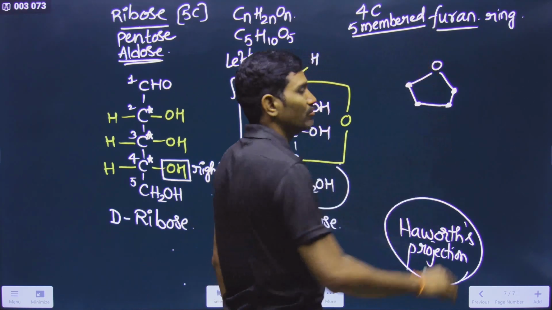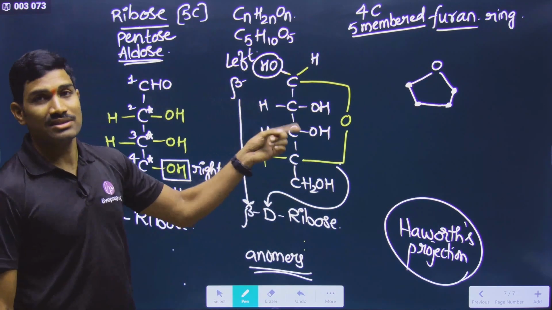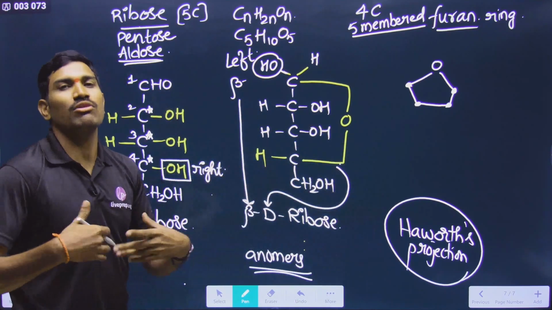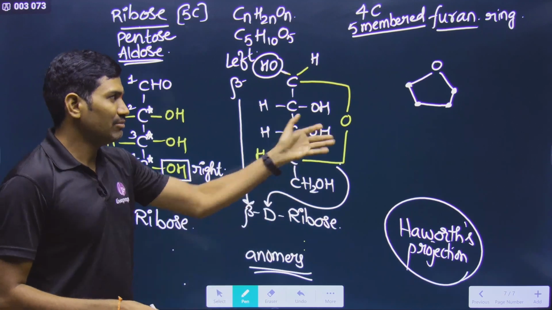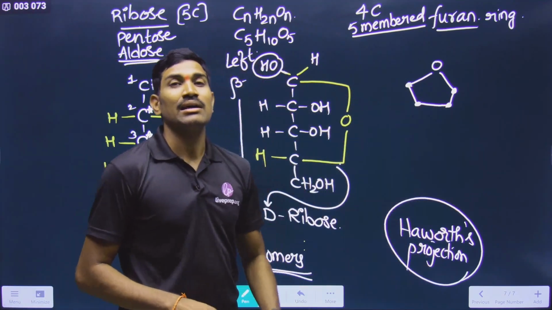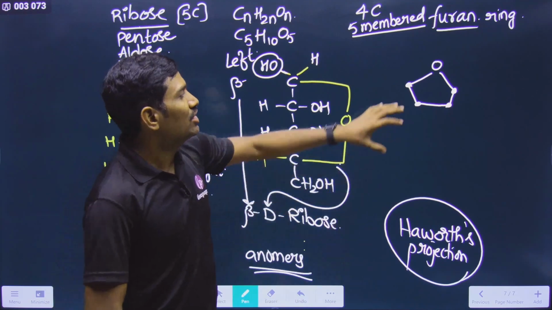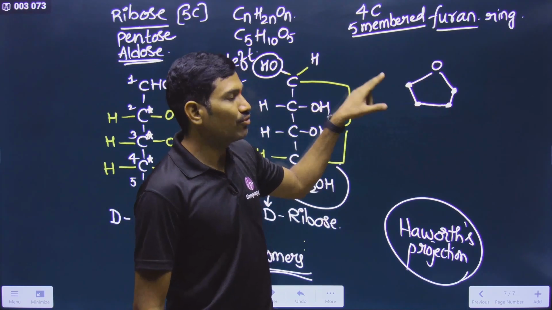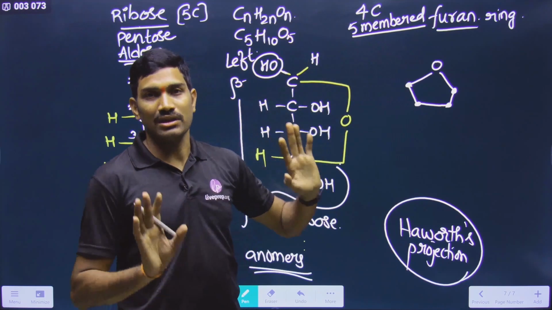You need to understand all these things. In chemistry, definitely you will study this. So at least please try to understand what I am saying. In biology, even though they are not much important, if you memorize this particular structure, that is enough in biology. But try to understand the concept here. So this furan ring we are using has 4 carbons, 5 membered ring.